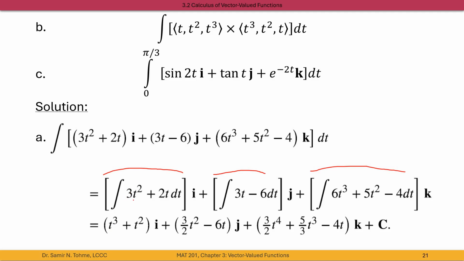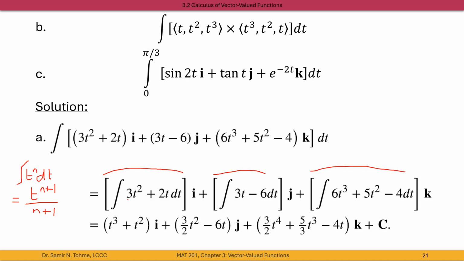Whenever you're doing the integration of a variable to a power like this, t to the n, the integration is equal to t to the power of n plus 1, you add 1 to the power, and you divide it by n plus 1.